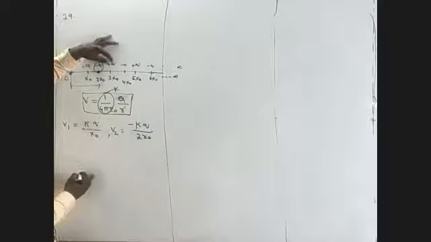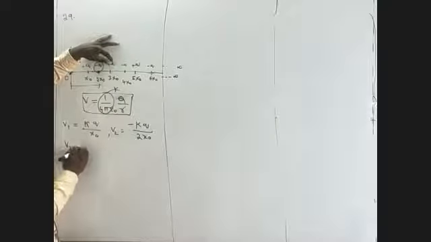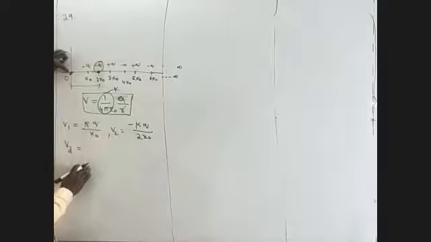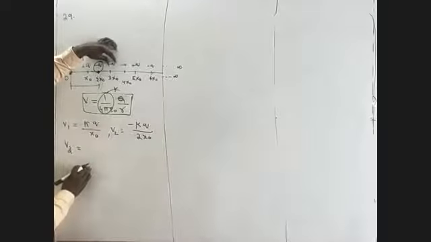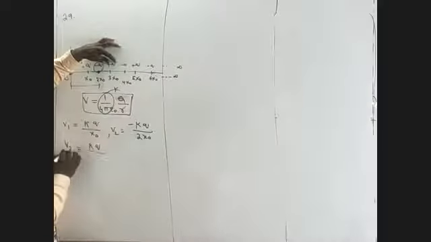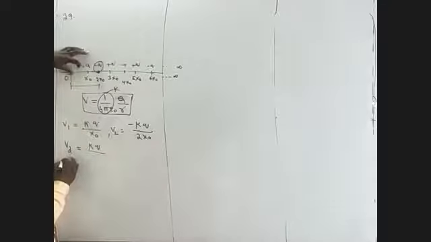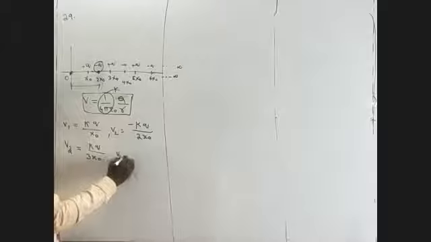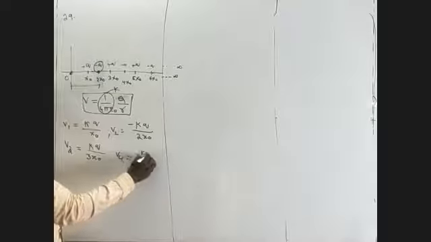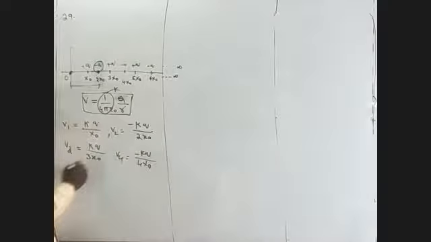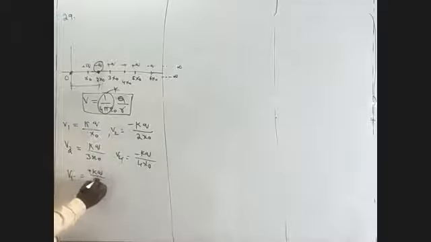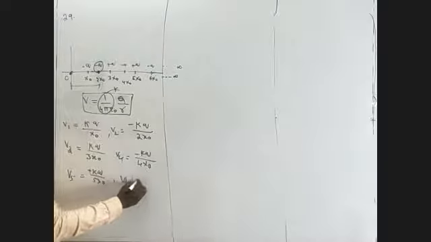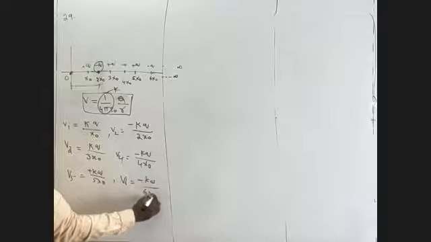V3 is K Q by 3x naught. V4 is minus K Q by 4x naught. V5 is plus K Q by 5x naught. V6 is minus K Q by 6x naught.